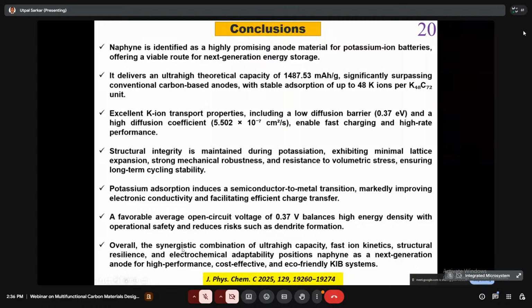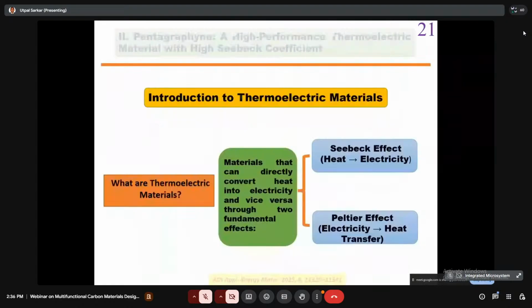And overall, the synergistic combination of ultra high capacity, fast ion kinetics, structural resilience, and electrochemical adaptability positions naphthalene as a next generation anode for high performance, cost effective, and eco-friendly potassium ion battery systems.